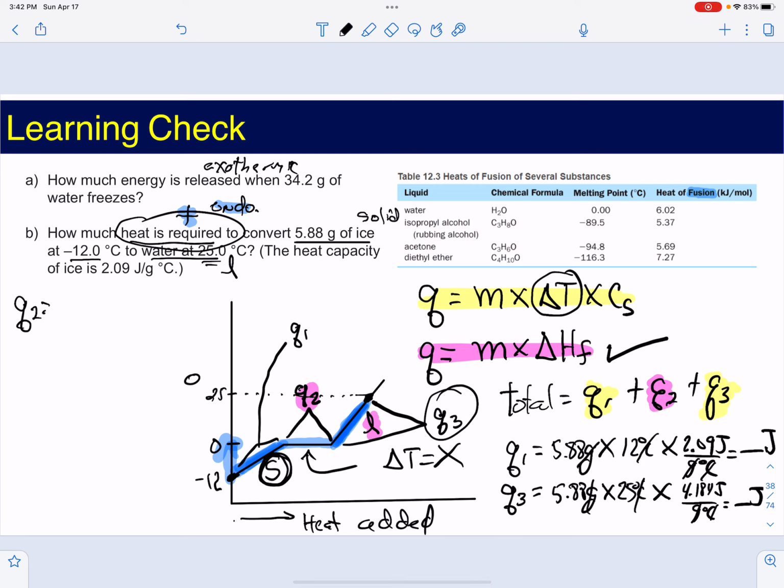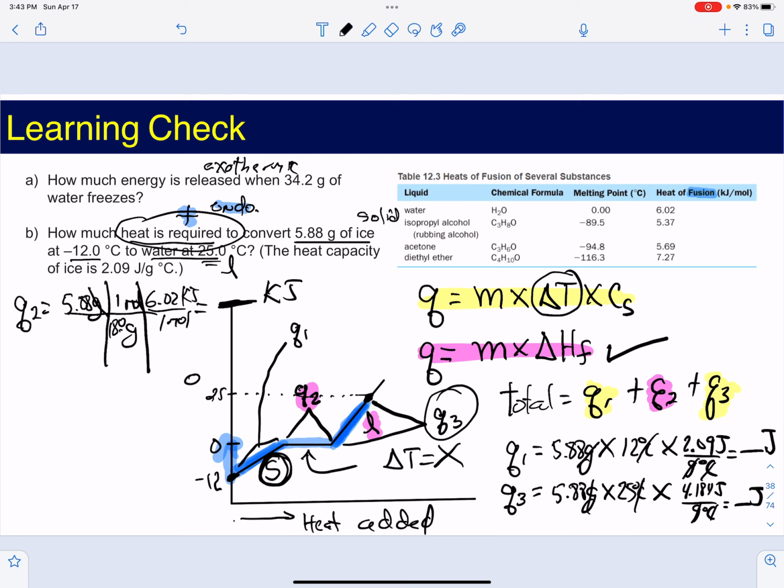So Q2 is gonna be the mass, 5.88 grams, times the enthalpy of fusion, which is 6.02 kilojoules for every 1 mole. So this is the one where you're gonna have to change the grams to moles first. 1 mole, 18.0 grams for water, and that will give you, in kilojoules, that will give you Q2.